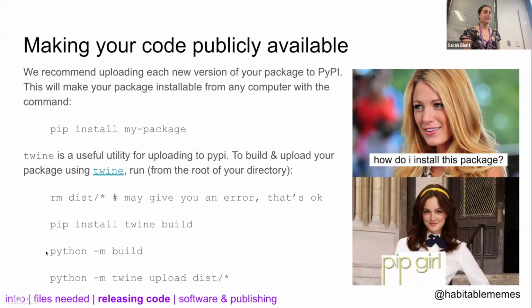First, you're going to run this command, python -m build, which will build a binary version of your code that can be used for general distribution. That's going to create this dist directory and put the binary build files in there. Then you can upload those distribution files using this command, python -m twine upload dist. And that's pretty much it.